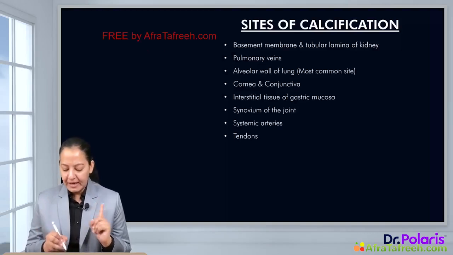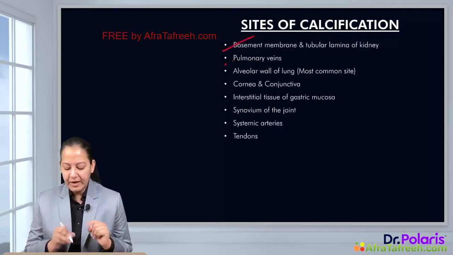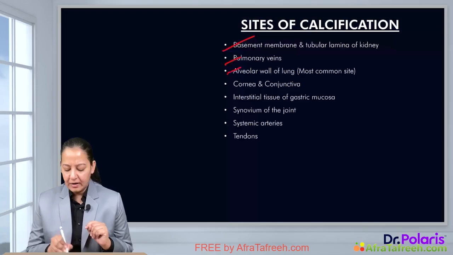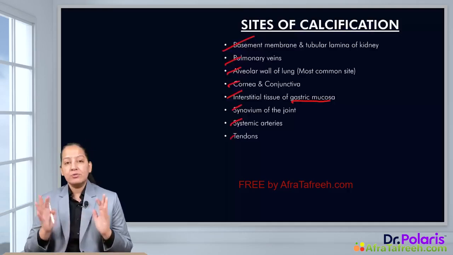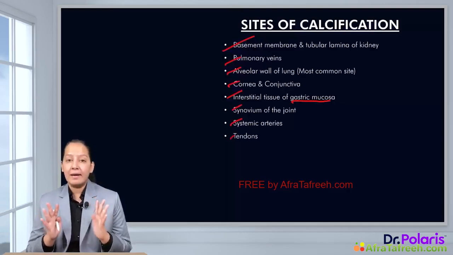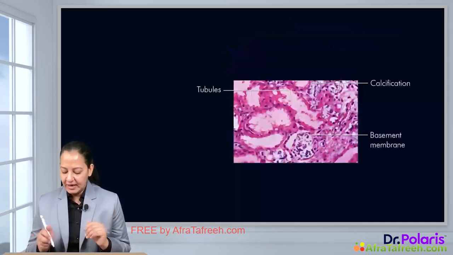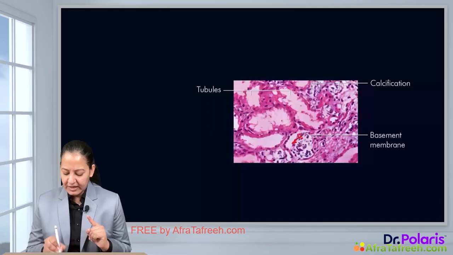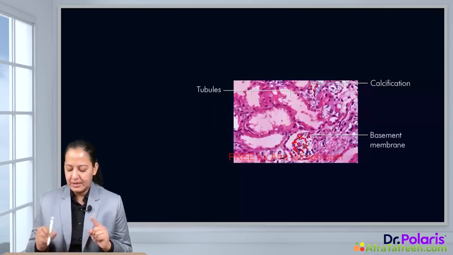So the examples are basement membrane of the kidney, pulmonary veins, alveolar wall of the lung, cornea, interstitial tissue of gastric mucosa, which I have already explained, synovium of the joint, systemic arteries and tendons. So these are the examples which have alkaline pH. That's why they have metastatic calcification. You can see here the basement membrane of the kidney. This is having the purple color, the deep blue color deposits. That is calcification. You can appreciate the same deposits here also.